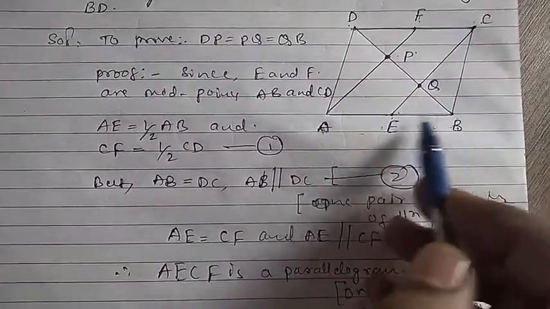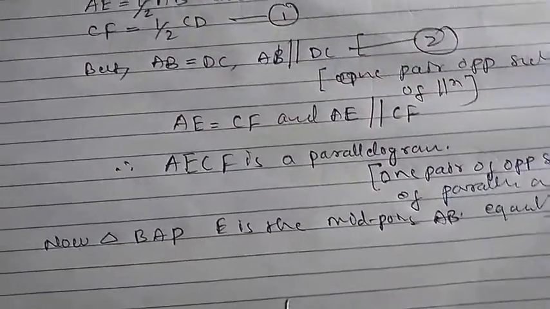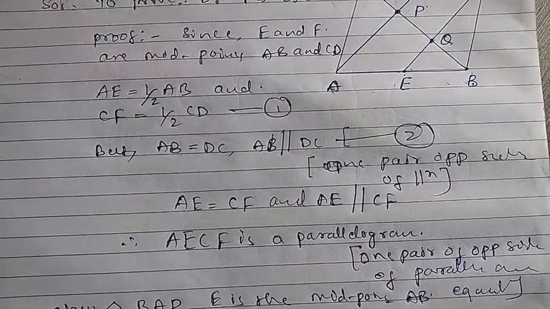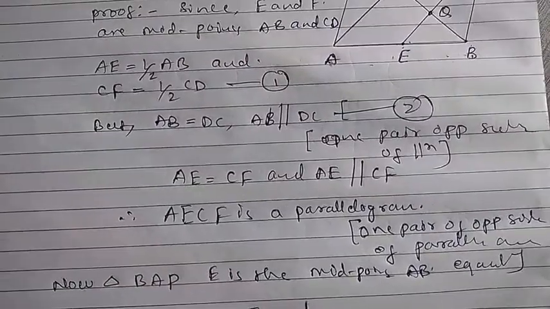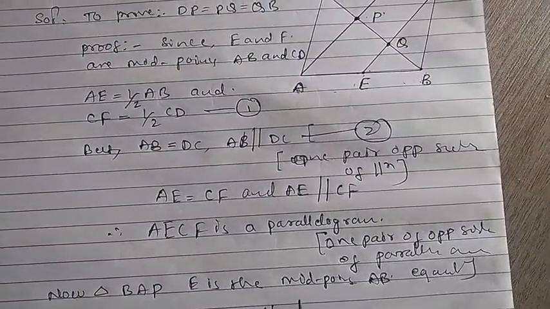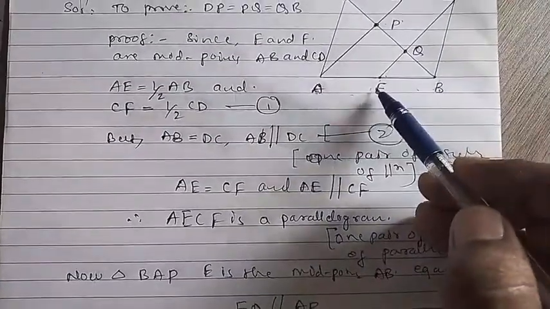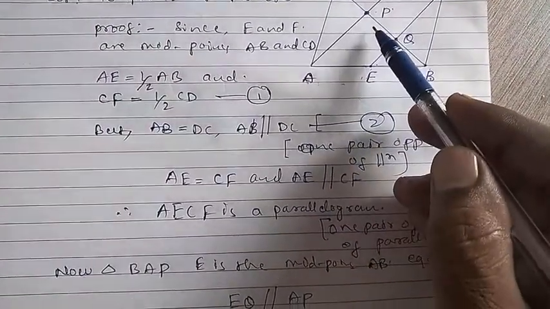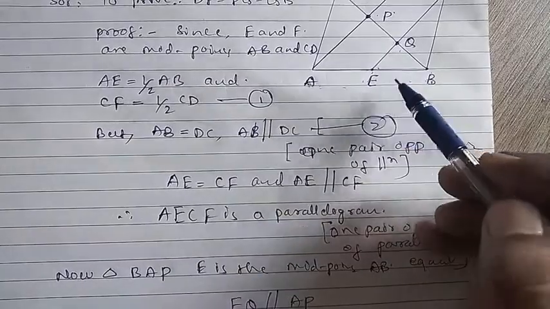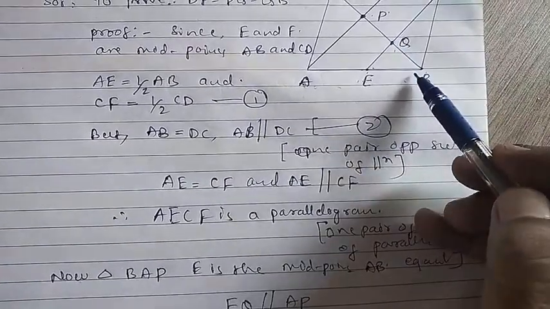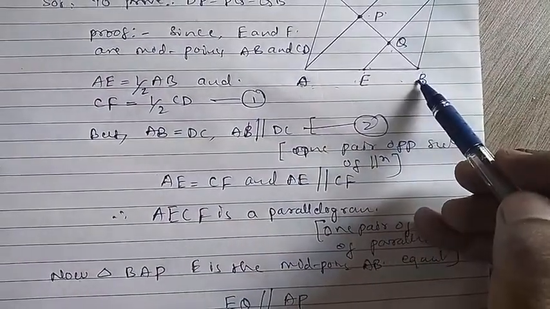So EQ is parallel to AP. Here EQ is parallel to AP because E is the midpoint of AB and Q is the midpoint of PB.